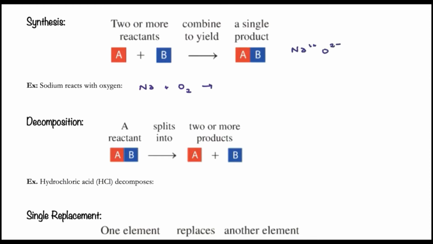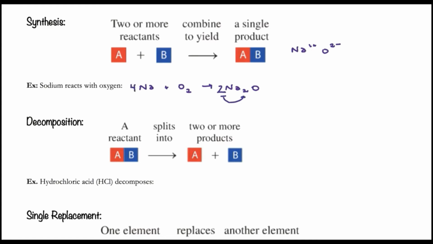Well, this would give me Na2O. I'm going to really quickly balance. I've got 2 oxygens on my reactant side, 1 on my product side, so I know this has to be a 2 in front. Then 2 times 2 gives me 4, so I need a 4 in front of sodium. So that is a synthesis reaction.